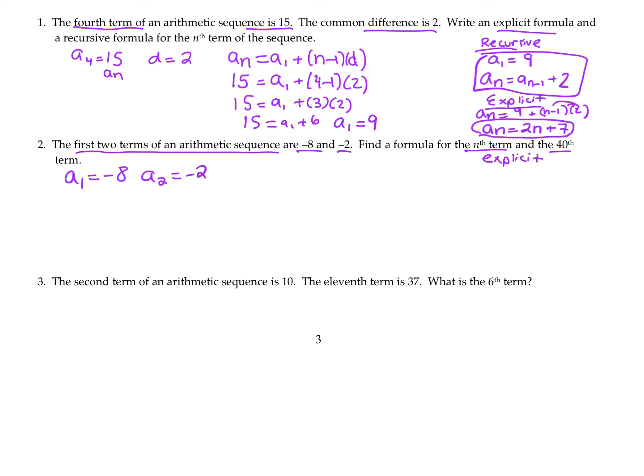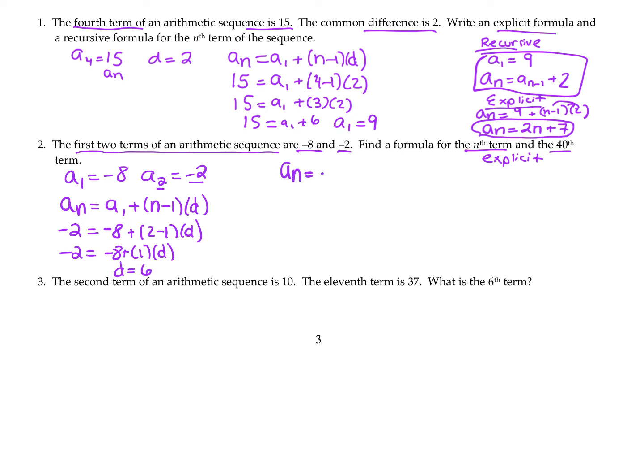So I'm going to use my explicit formula, and I'm going to plug in everything I know. So I don't know my common difference, but I know A1. I do have an n and an An because they gave me another term. And so now I can just solve, and I'm going to get that d is 6.